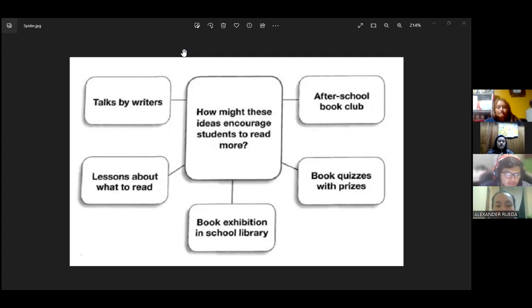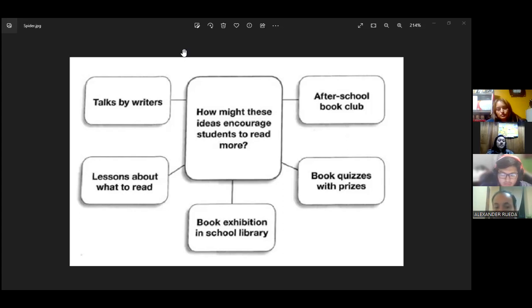Good evening. I totally agree with your point, Karen, since the school library is a space that generates a motivating environment for reading. In my case, I also think that an after-school book club would motivate students to read more, since a club encourages participation among students and also creates a space where students debate and share knowledge and opinions regarding books with people of the same age.